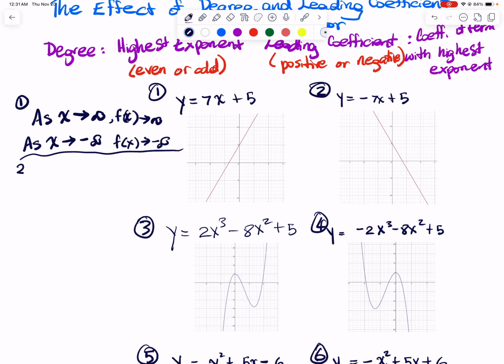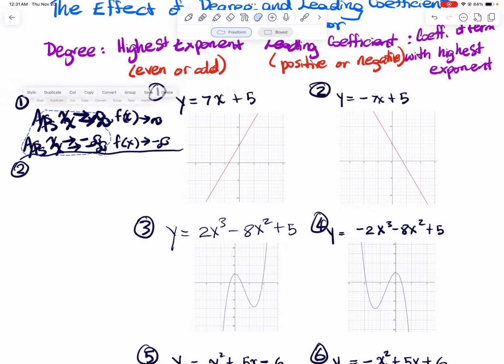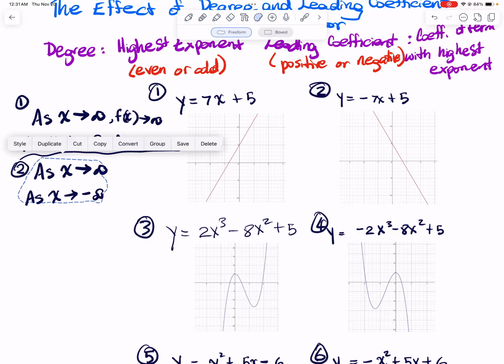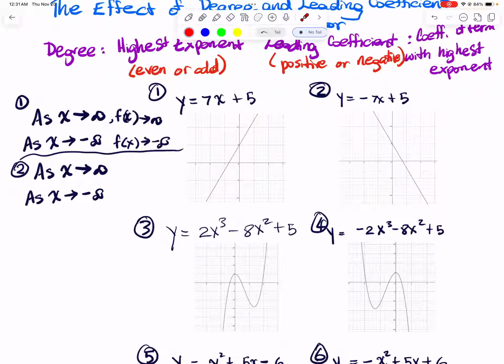Question 2, we can go a little bit faster. We're always going to start off with the same first piece. What happens as x goes to positive infinity and what happens as x goes to negative infinity. So looking at our second graph, as x goes to the right, notice y is going down, so our function is going down, which we write as f of x approaches negative infinity.